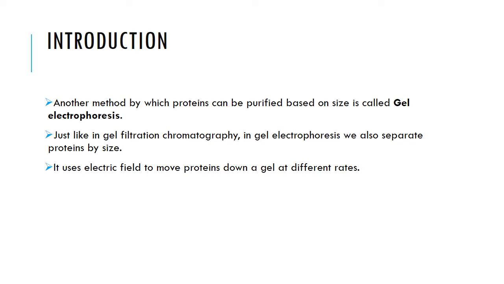Different rates implies that depending on the size of the particle, the movements will differ. Smaller molecules will be moving along, and those that are a bit bigger will be lagging behind. So what we need to keep in mind is that the movement of particles will be at different rates.